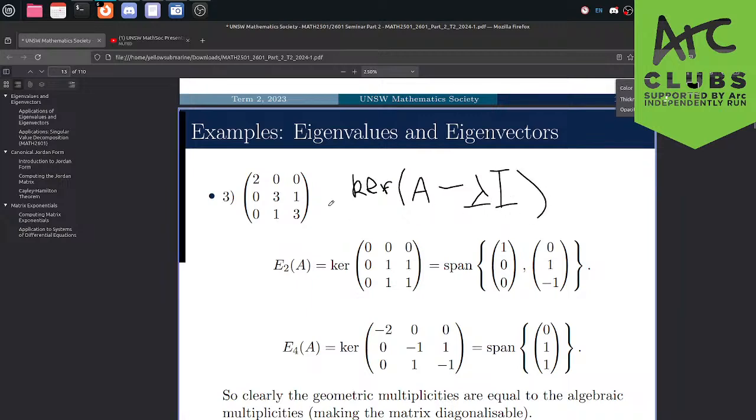So we subtract lambda I from this matrix. For the eigenvalue of 2, we subtract 2 from each of the diagonal entries here, here, and here. So we end up with this matrix here.